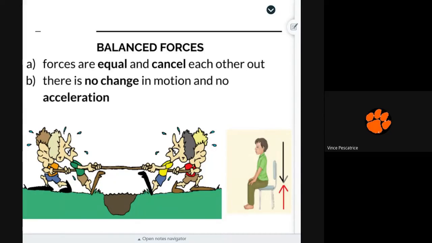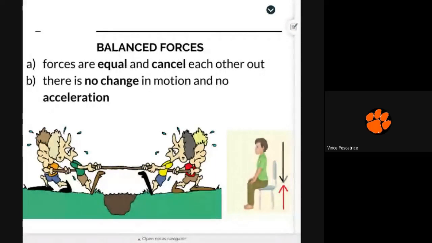The chair is exerting force up as your weight exerts force down. Those balance out, and that's a balanced force, so there is no motion. Balanced forces are equal, and when they are equal, there's no motion.